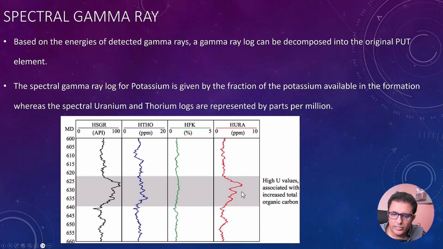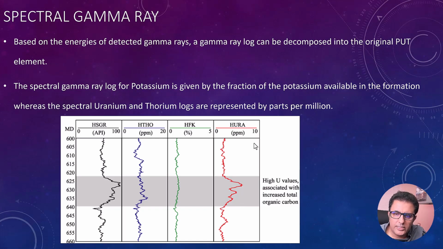As you see, uranium has the highest similarity to the total reading of gamma ray. From this observation, we can conclude that in this specific example, uranium is the major element that has contributed to gamma ray readings.